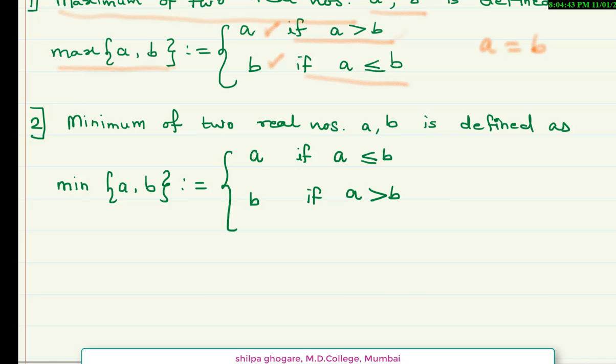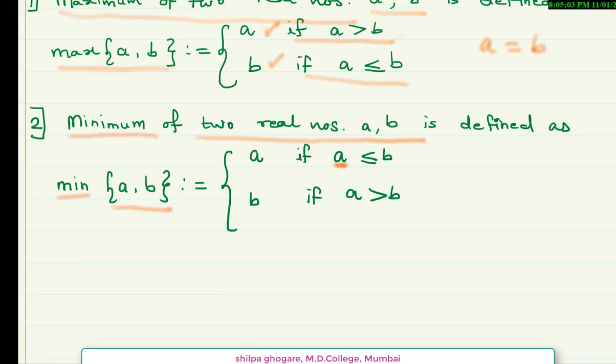Now the second remark. After maximum, obviously the second remark is for the minimum of two real numbers A and B. The notation is min, and in the curly brackets you have A comma B. Minimum is the smaller of the two.